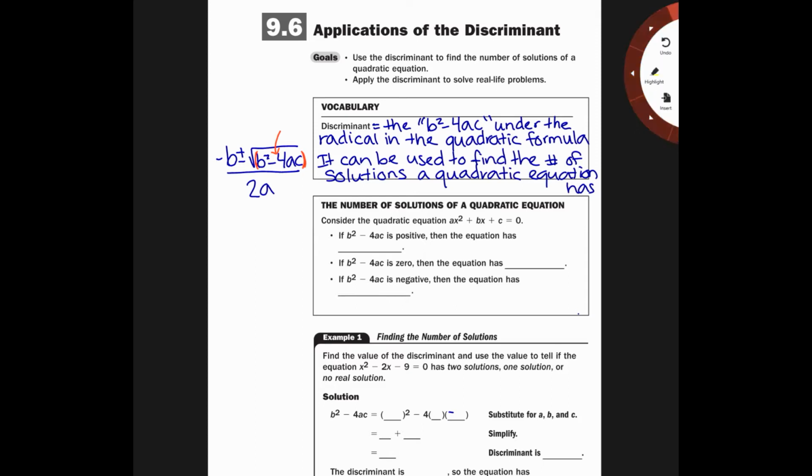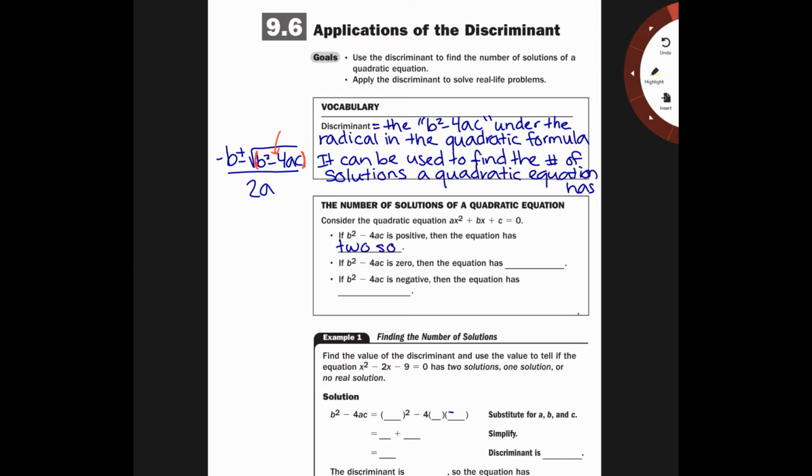So, not too bad. What the discriminant is useful for is finding the number of solutions. If you're wondering how many solutions the quadratic equation has, you can plug in the discriminant to see. If you solve for b squared minus 4ac, plugging in a, b, and c, and it's positive, then the equation has two solutions.